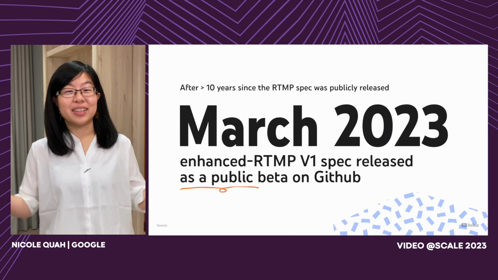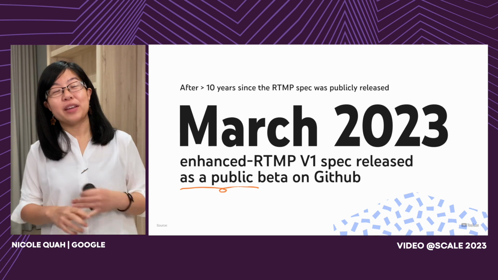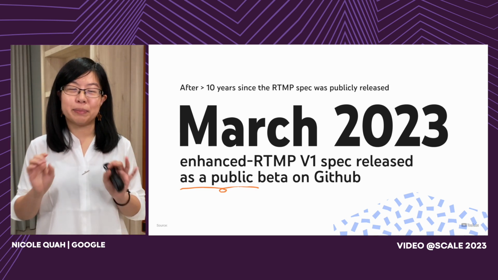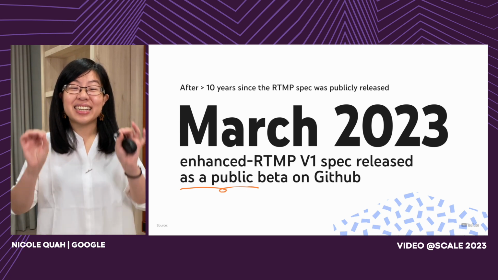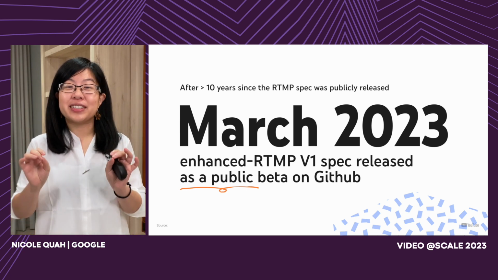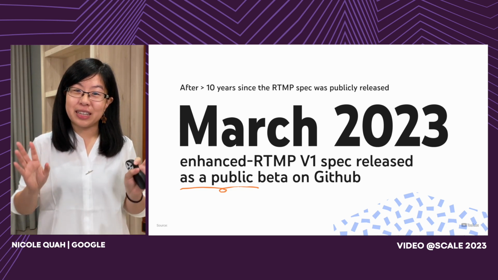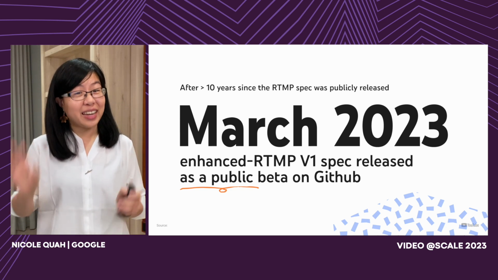Finally, what happens? In March 2023, ViaVera publishes the first enhanced RTMP spec on GitHub as a public beta. This is a huge milestone because it's the first formal Adobe-endorsed update to RTMP's capabilities in over 10 years.